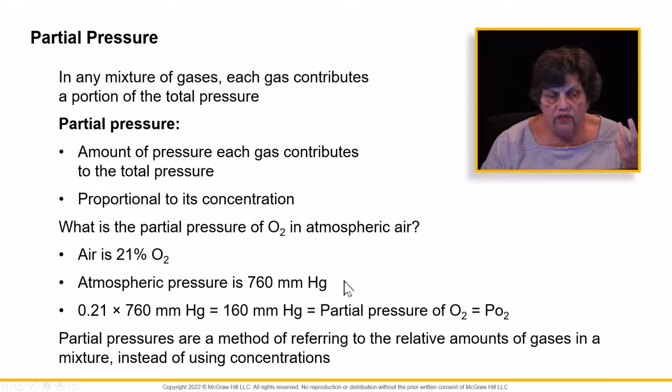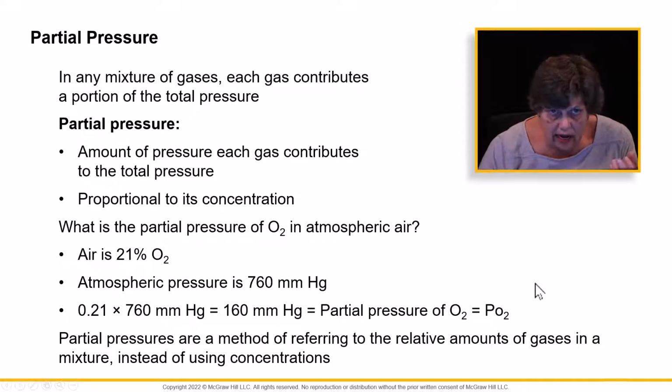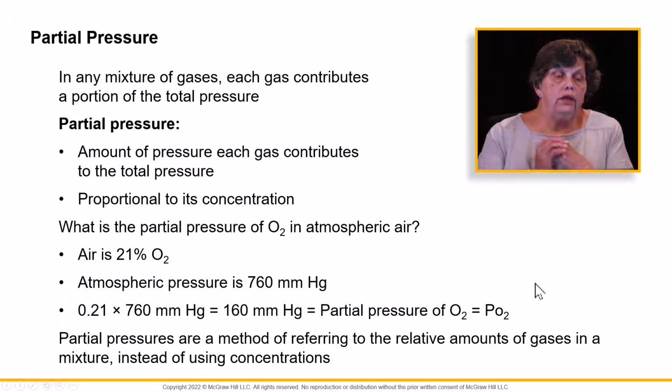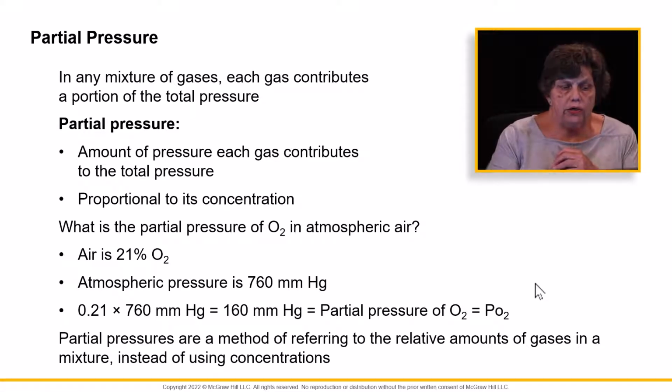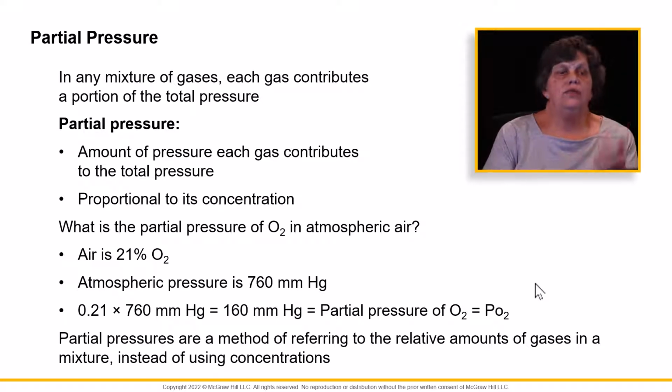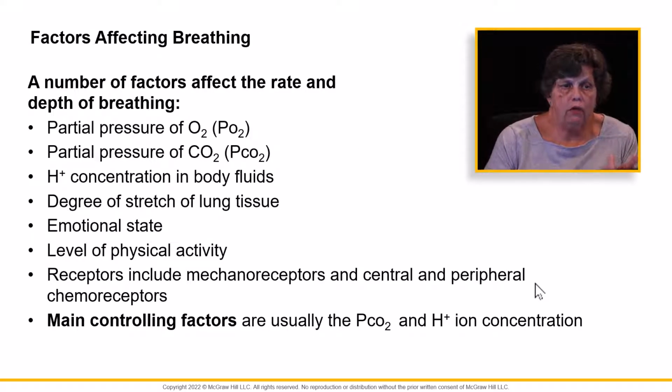With an atmospheric pressure of 760, we multiply that, so about 160 millimeters of the total 760, that is the partial pressure of oxygen. And that is at sea level, at 760. If the atmospheric pressure changes, these change, okay?